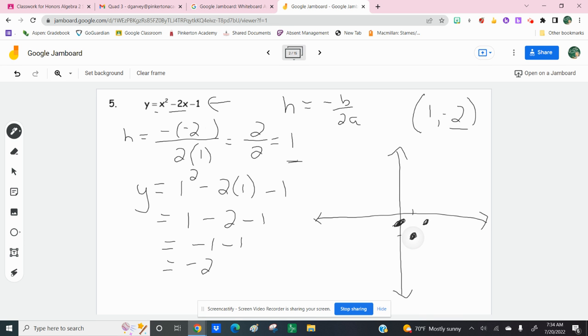And then from my vertex, I'm going to go over 2, up 4. 1, 2, 3, 4. And then I'm going to reflect that point, negative 2, positive 4. And then I can just graph this beautiful little parabola like that. Make sure when you graph it that your graph is rounded, not a V shape. Make sure it's a U shape, because a V shape would be a different type of graph.